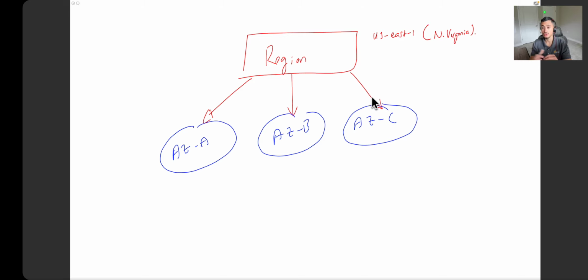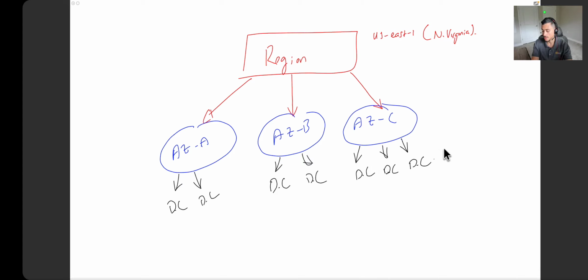So what are availability zones? Well, availability zones are a cluster of one or more data centers, right? So we have one or more data centers within an availability zone. So this availability zone might have two, this one might have two, and then this one might have, let's say, three, right? And each availability zone has redundancy in its components for networking, power, and connectivity, which basically allow it to operate independently from any other availability zone in that region.